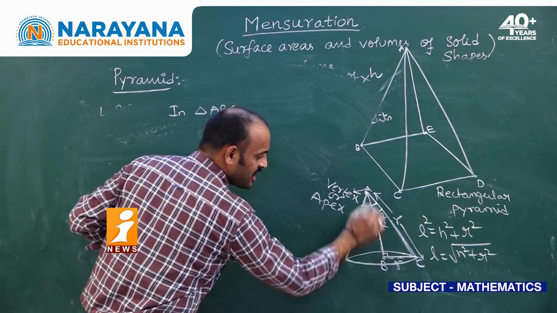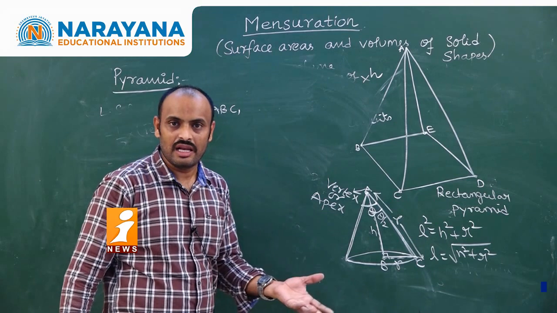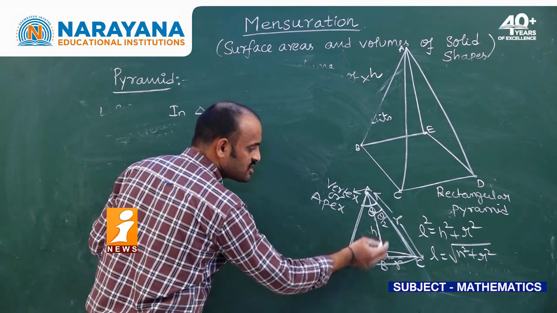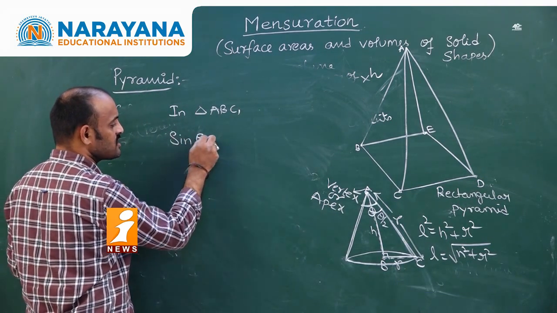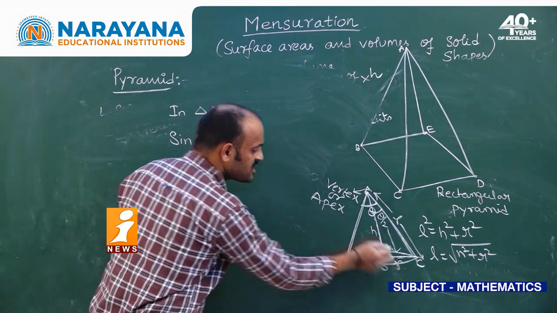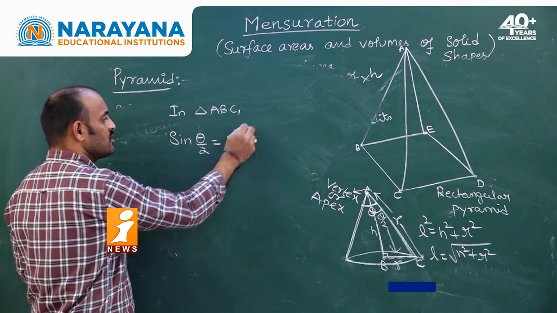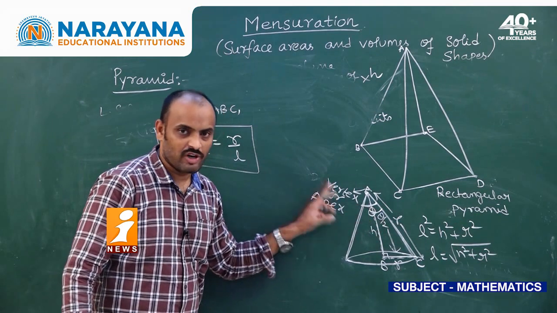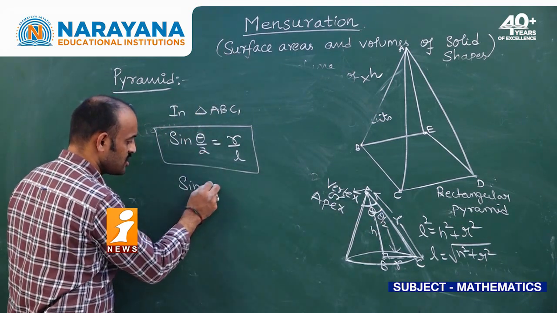As it is a right angle triangle, for example, if they give you only L and you want to find R or H, I use sin theta by 2, because for theta by 2 the opposite side is R and the hypotenuse is L. They will give you some theta, say 120 degrees, so theta by 2 is 60 degrees.